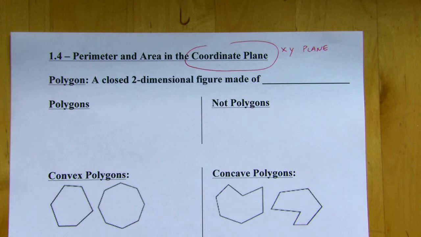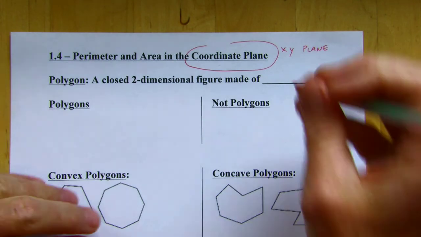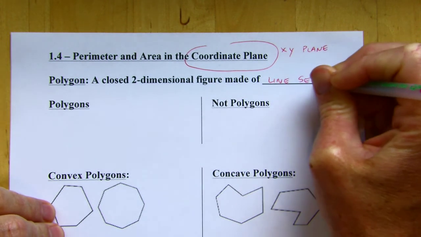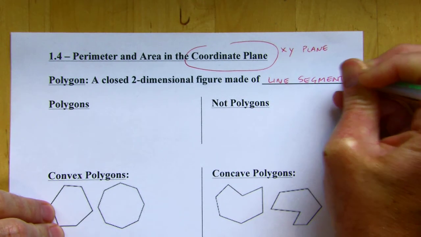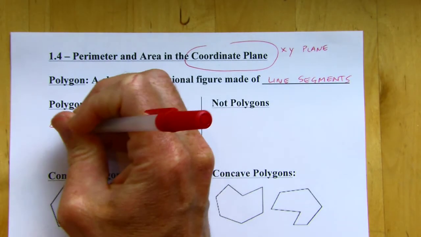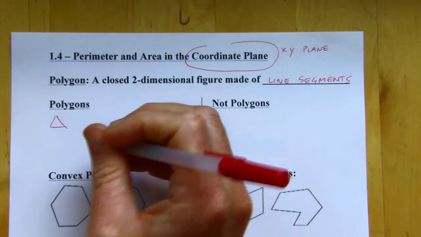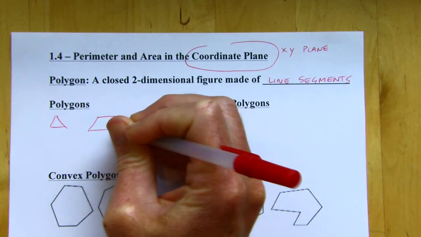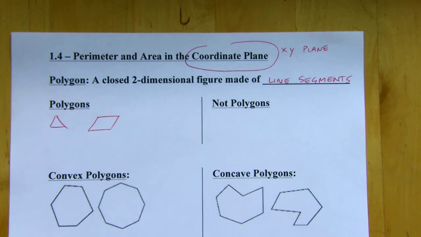A polygon is a closed two-dimensional figure made of line segments. Okay, so the easiest way for me to show you polygons is just to draw some polygons. So a triangle is a polygon, or a parallelogram.